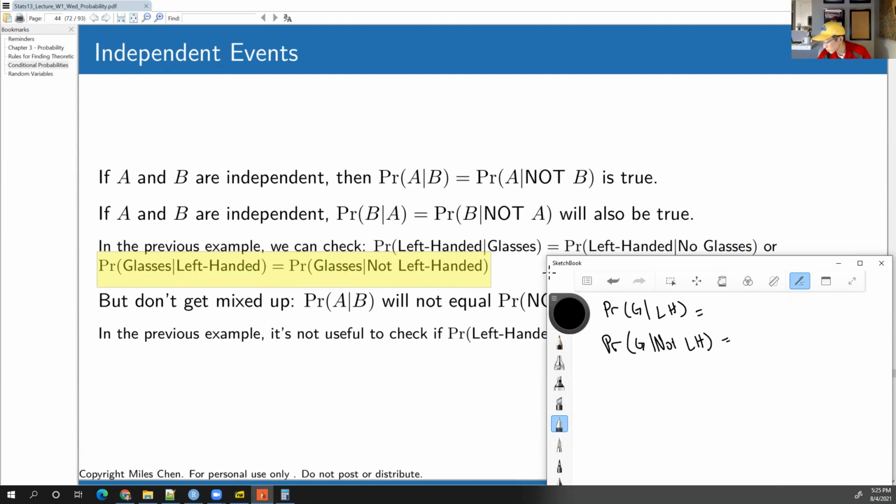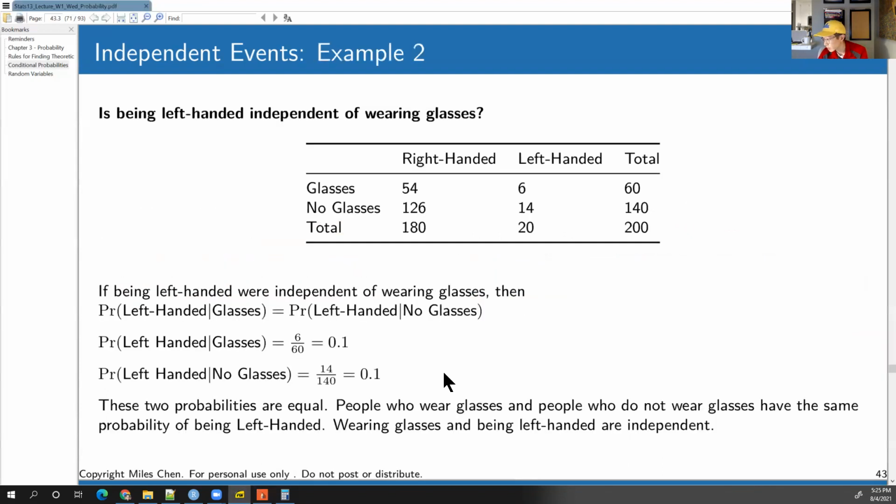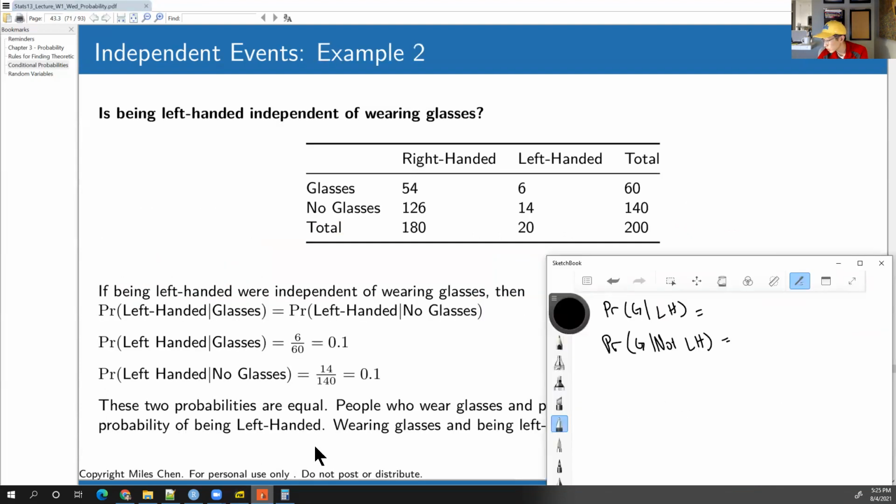Now I'll just do this really quickly here. What's the probability that somebody wears glasses if they are left-handed? This is going to be 6 out of 20, so that's 0.3. And then what's the probability that somebody wears glasses given that they are not left-handed?